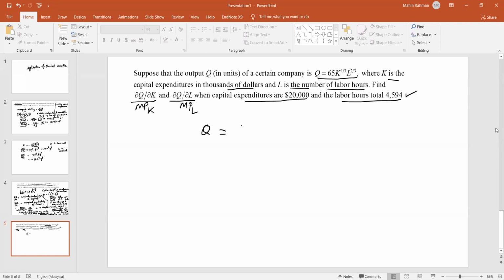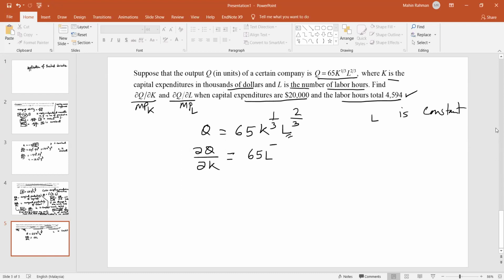Q is equal to 65 K to the power 1 by 3 L to the power 2 by 3. So now you have to calculate delta Q by delta K. So now L is constant, right? Because we are doing it with respect to capital. So L is constant. So that means 65 L to the power 2 by 3 is constant. Then multiply, you have to find the derivative of K to the power 1 by 3.